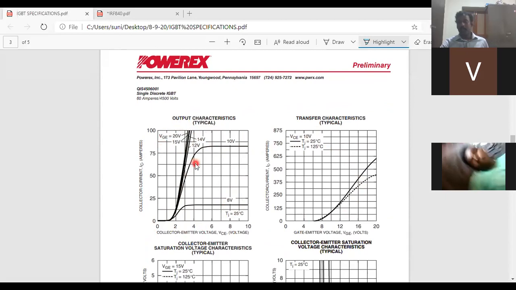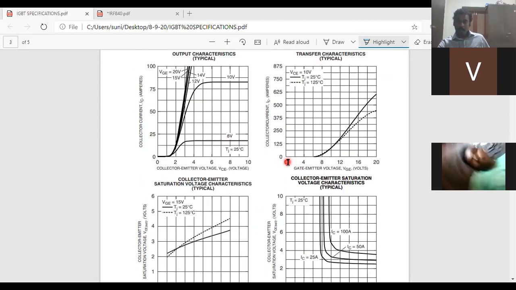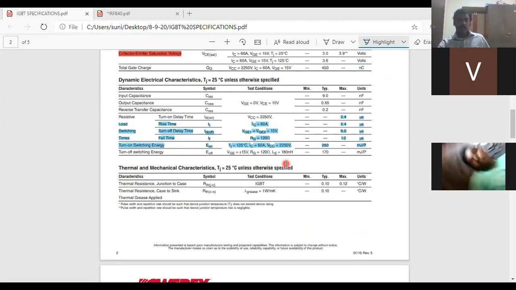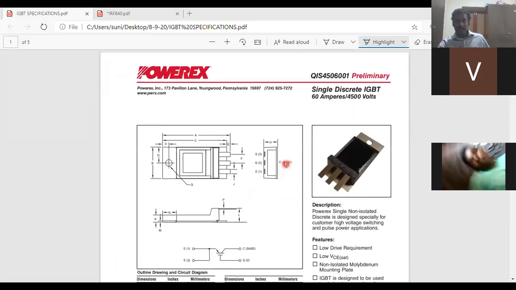This device has a gate voltage of a maximum of 20 volts. We may vary the gate emitter voltage from 3 volts to 20 volts, and you have the characteristics provided like this. So this is related to the characteristics of the IGBT.